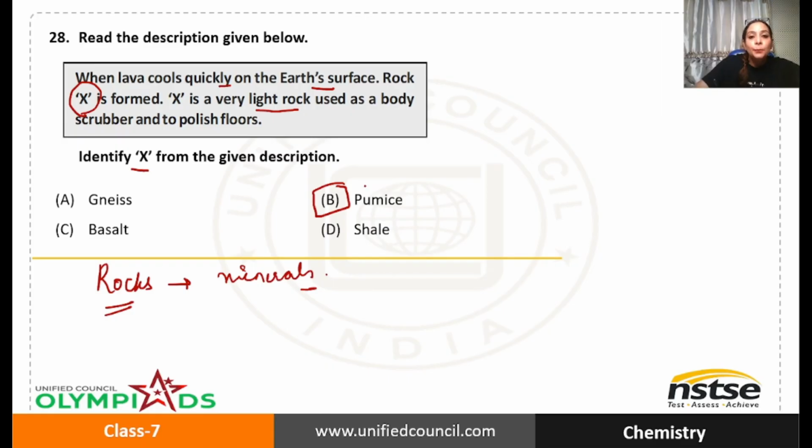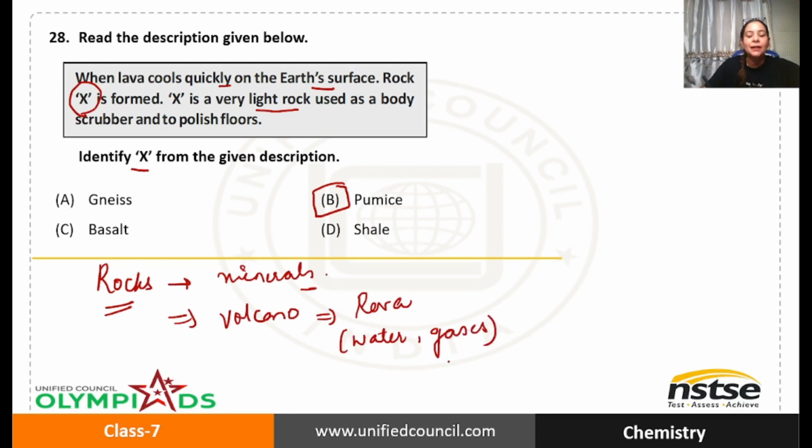Now, pumice rock is formed when a volcano occurs. So when a volcano occurs, then lava comes out. This lava contains a lot of water as well as a lot of gases.